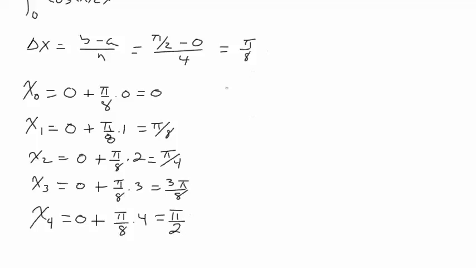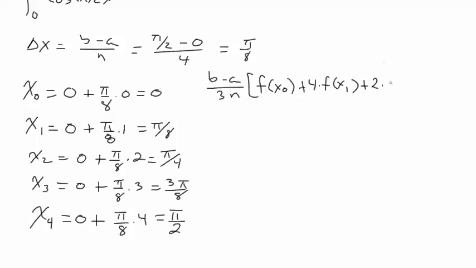Now remember, I'm just going to write this down over here: b minus a over 3n, times f of x naught plus 4 times f of x1. You have to remember the pattern of these coefficients.